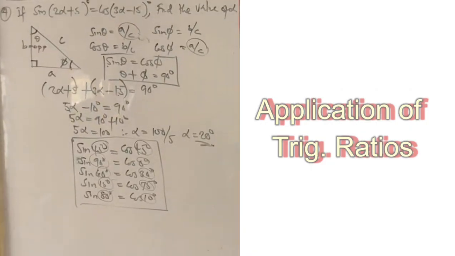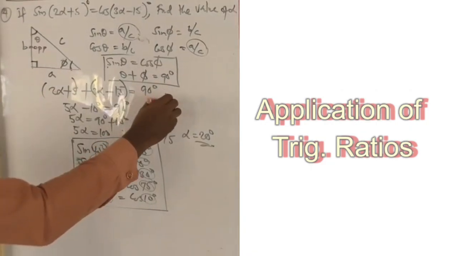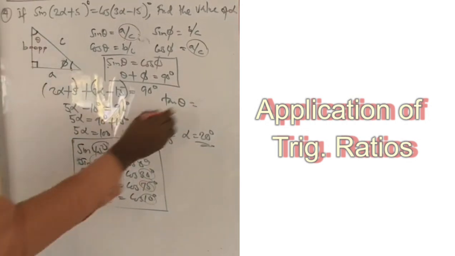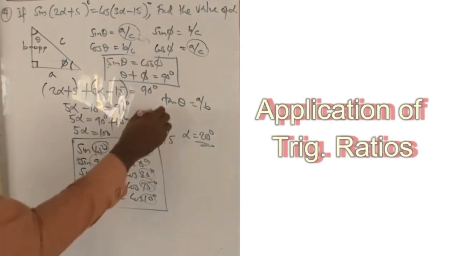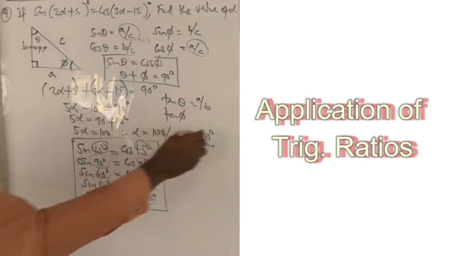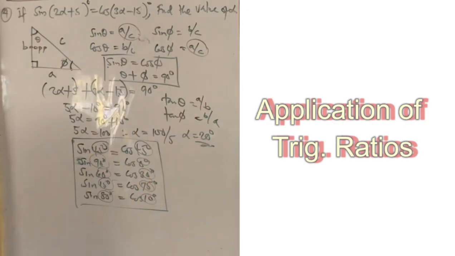Same thing also works for tan and cot. If we do tan theta for this triangle, what's tan theta? Opposite over what? If I do tan phi, this will be the opposite now, B over A. What you notice, they are reciprocal of each other.